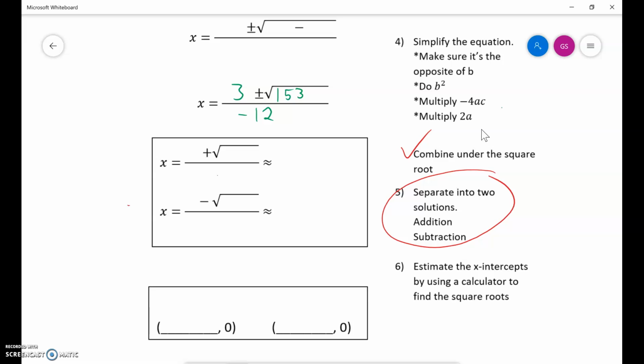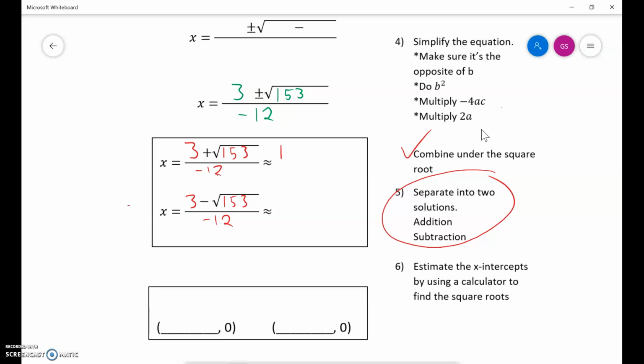All right, welcome back. You should have had 3 plus the square root of 153 over negative 12, and 3 minus the square root of 153 over negative 12. Okay, so to do this top part, I'm just going to do 3 plus the square root of 153. I'm using my calculator to do the square root of 153.